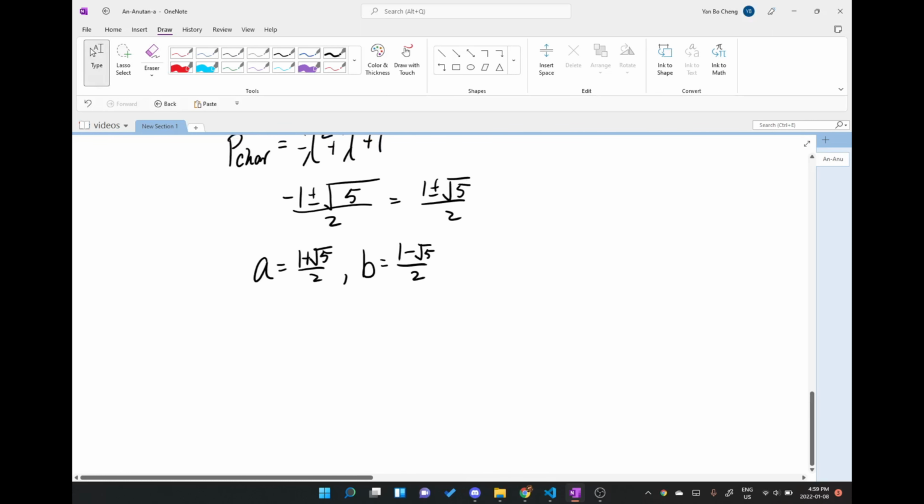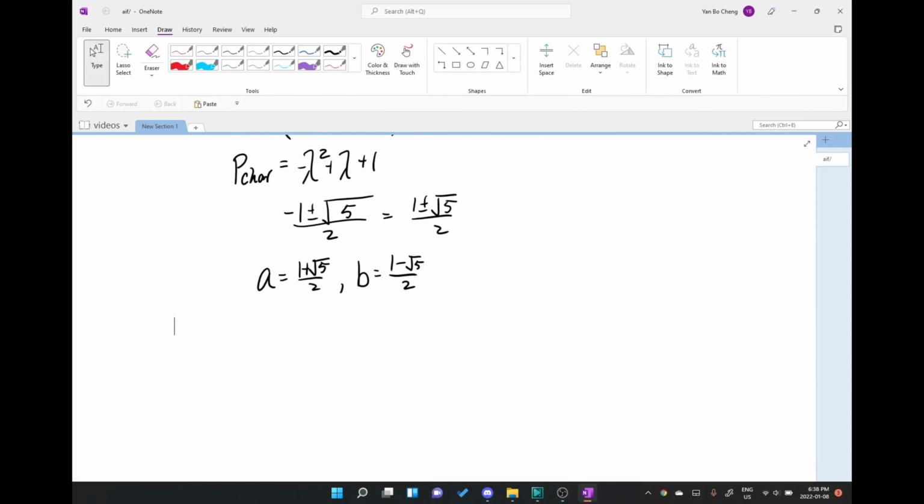Actually, let me change A and B, because they'll probably mess up with A in the future. I'll write it in red as well: alpha and beta.